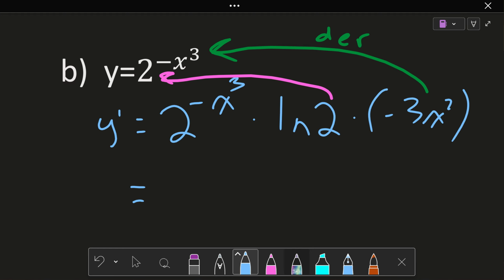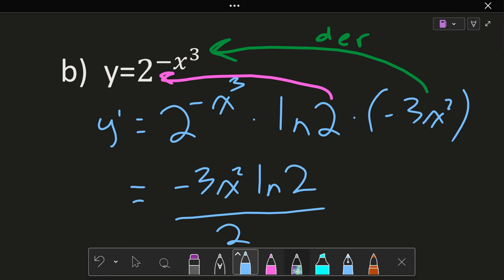And there's a few things we can do here. We can get rid of negative exponents as well. So I'm going to rewrite this as negative 3x squared ln 2 over 2 to the x cubed. So that's just getting rid of negative exponents and moving things around here.